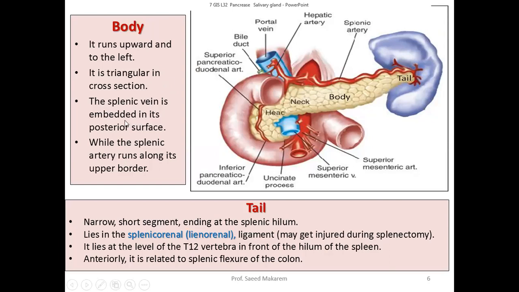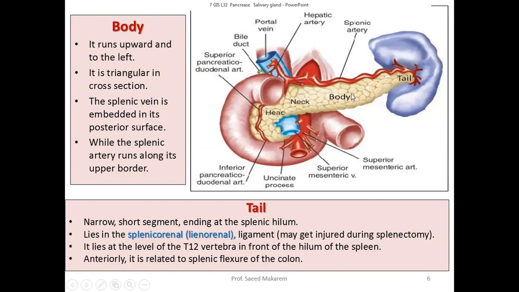The splenic vein is embedded in its posterior surface. If you see behind, there will be the splenic vein. So here is the splenic artery. On the superior border will be the splenic artery, but the splenic vein is actually behind.